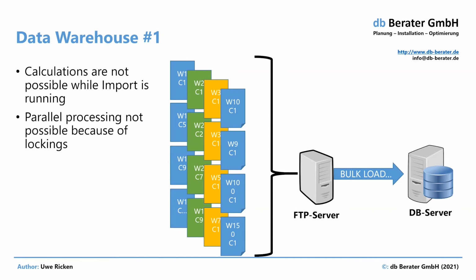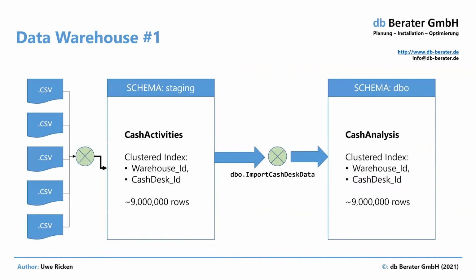Keep in mind, the supermarkets close at 10 p.m. and at 3:30, 4 a.m. in the morning, the trucks need to be prepared for shipping the stuff to the supermarkets. So parallel processing is not possible because of locking. And this is how this works.